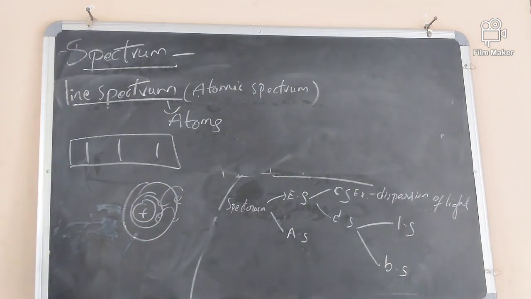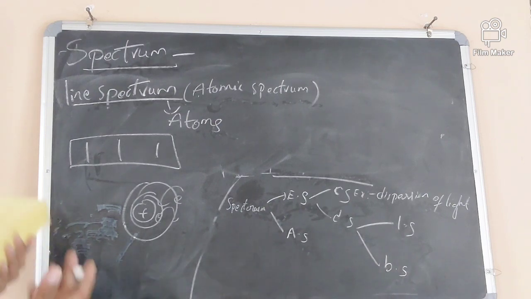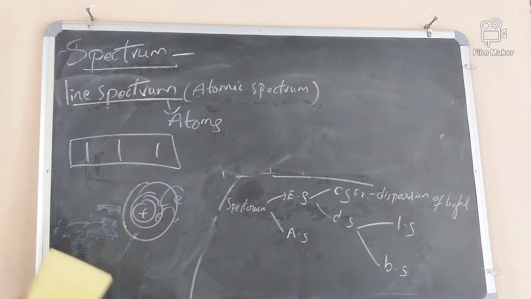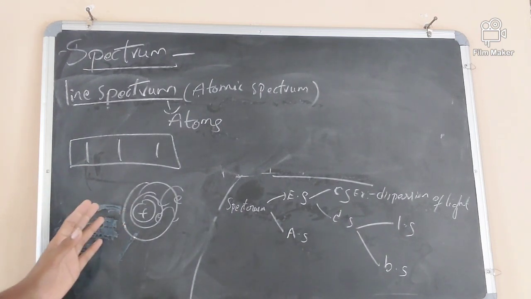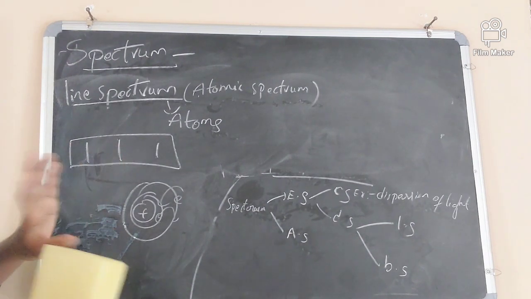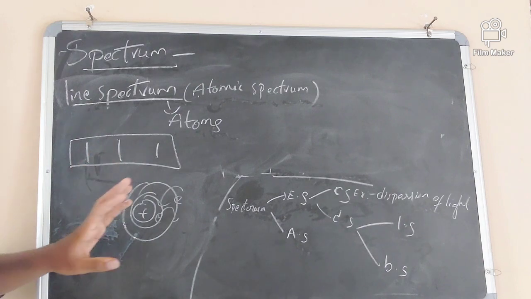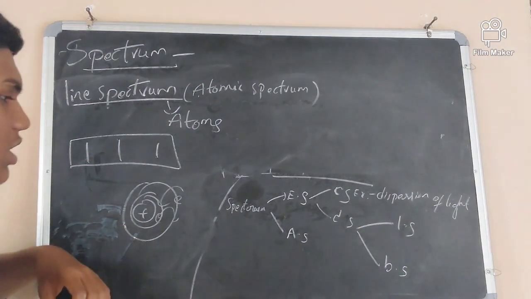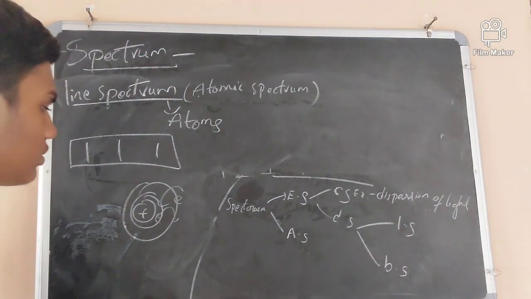They have thin distinct lines in the spectrum. This is the line spectrum.